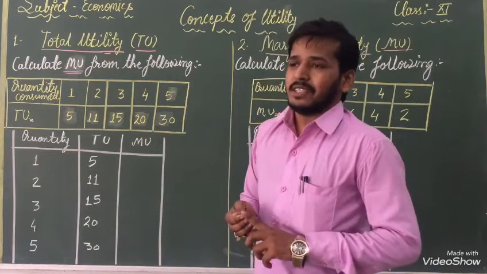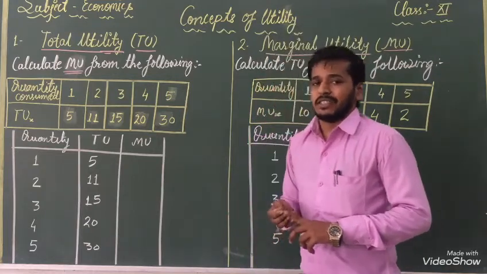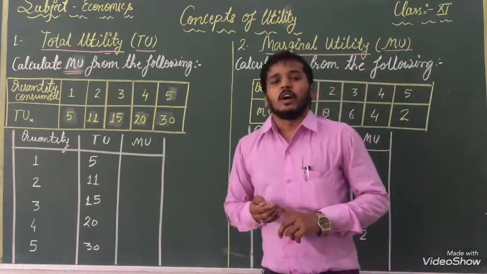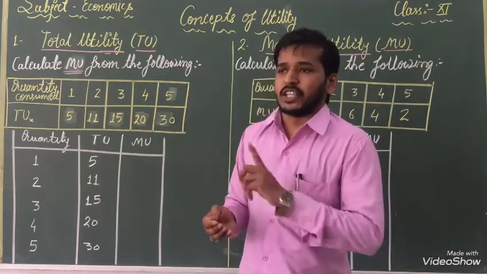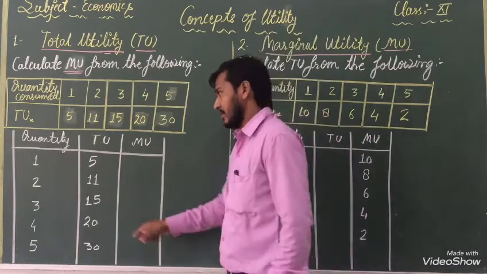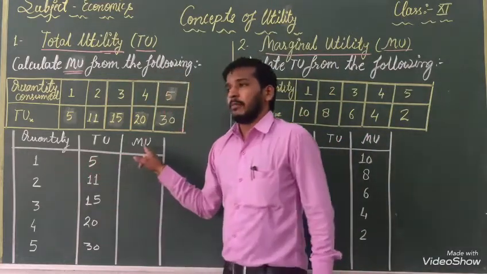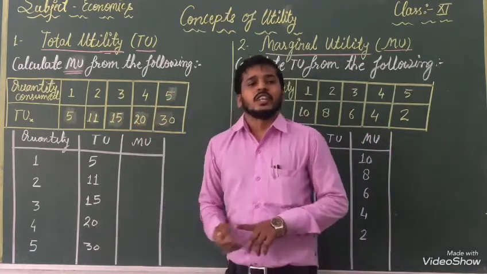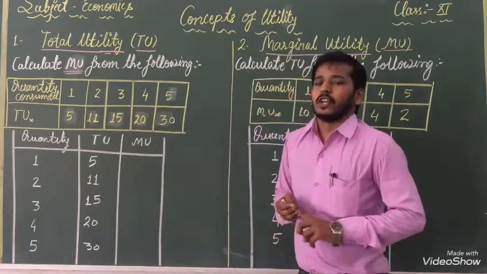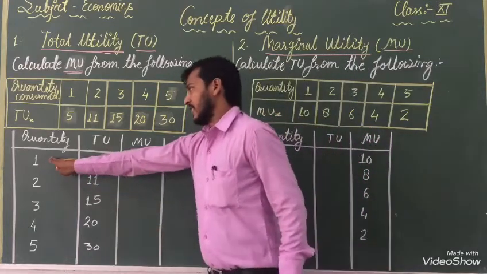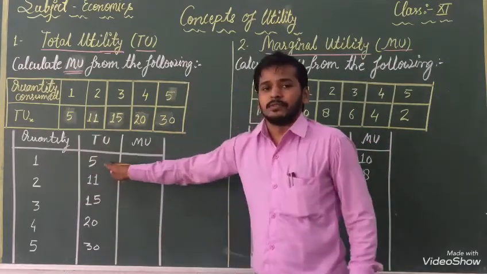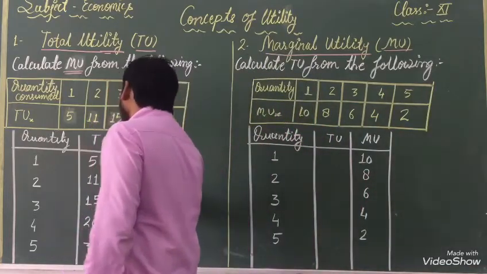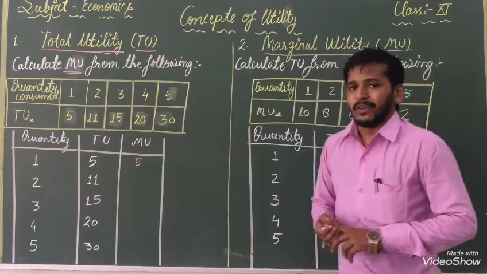Dear students, in my last lecture I told you the difference between both and how we can calculate it, but once again you have to listen. We can calculate marginal utility with the help of total utility. Suppose, for example, the quantity is 1 and total utility is 5, then you will write marginal utility 5. 5 is written there.